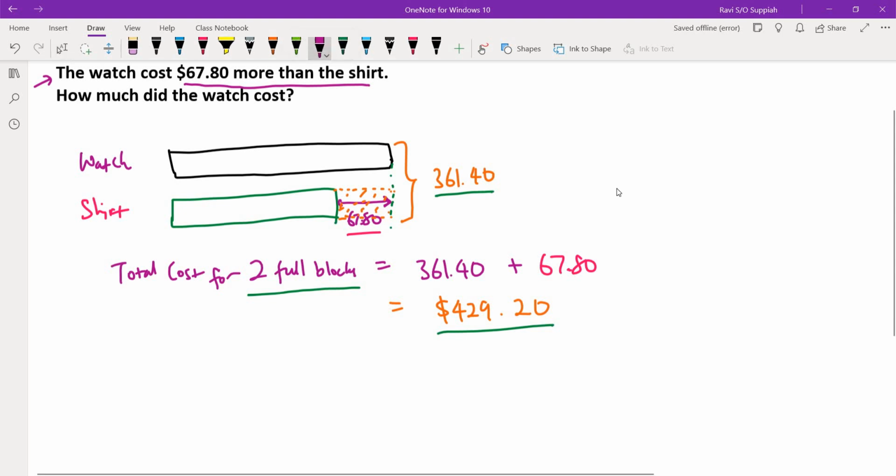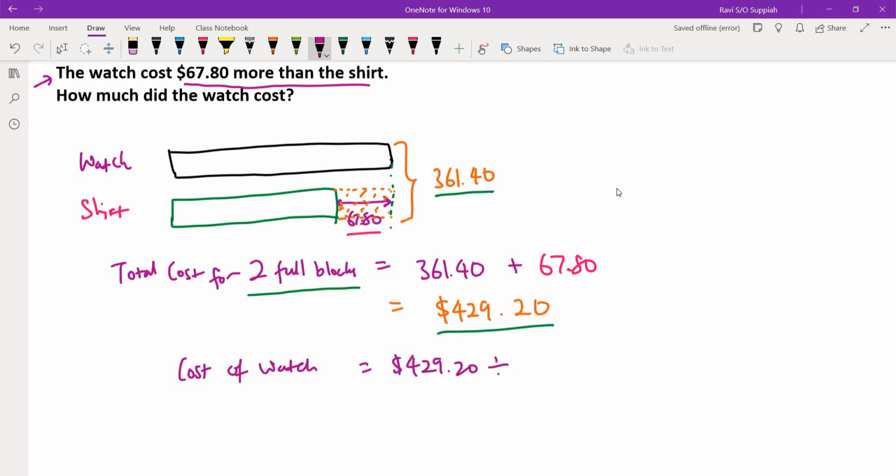So the cost of the watch is equal to 429.20 divided by 2, and that will be equal to 214.60. That is actually the answer that we're looking for. How much does the watch cost? Again, how I get this answer is because 429.20 is the cost for two full blocks and the watch is one full block. So I take the value divided by 2.